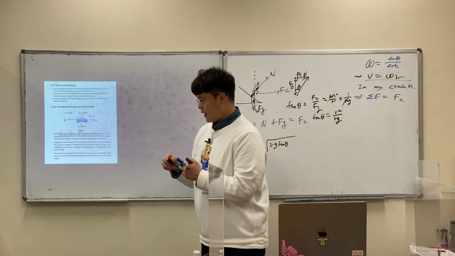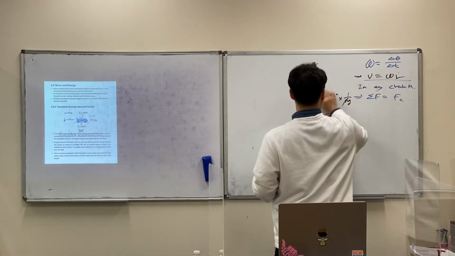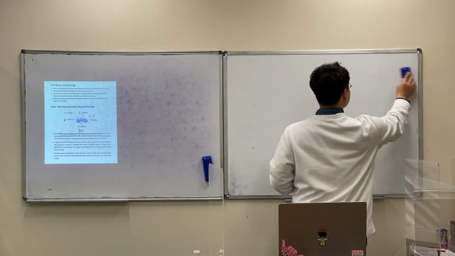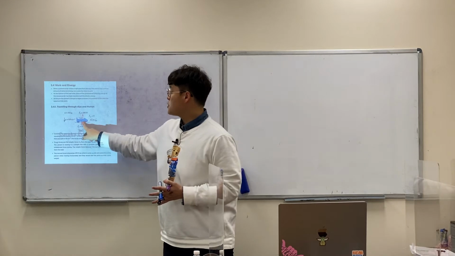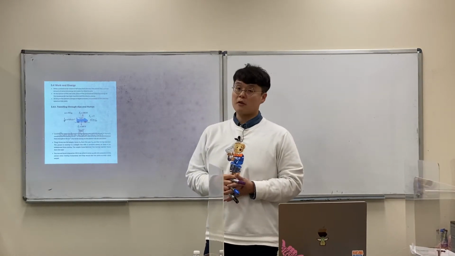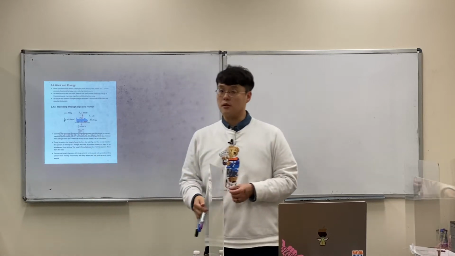So on your figure 5, you see that there is a person riding on the roller coaster, as you can see, okay? Now, if the person is moving at a constant speed of 4 meters per second forward, Minchan, what can you tell me about the net force applied on this person?